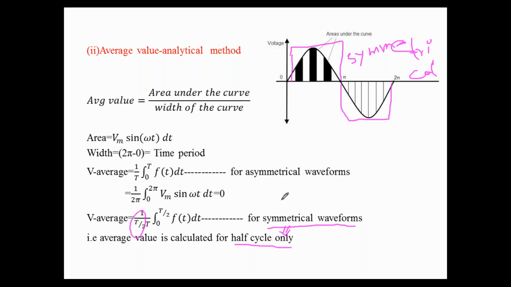Whereas for asymmetrical waveforms, meaning that the positive and negative areas are not the same, are not equal, we can calculate that value for the total time period T only. So the important point to keep in mind is that for symmetrical waveforms only, the average value is calculated for half cycle only.